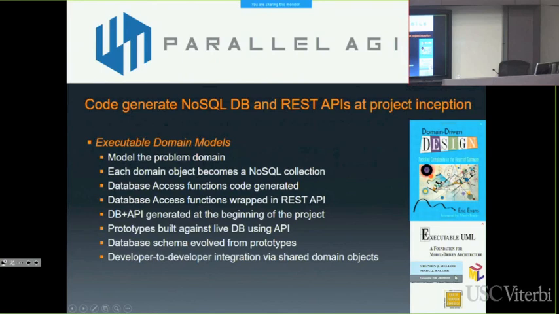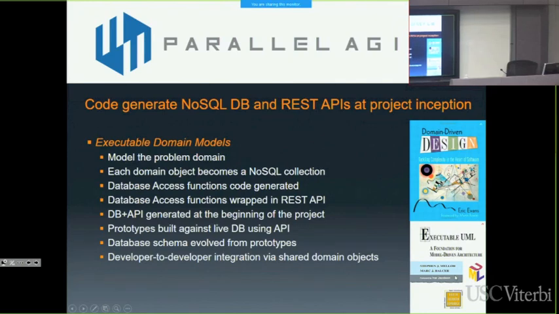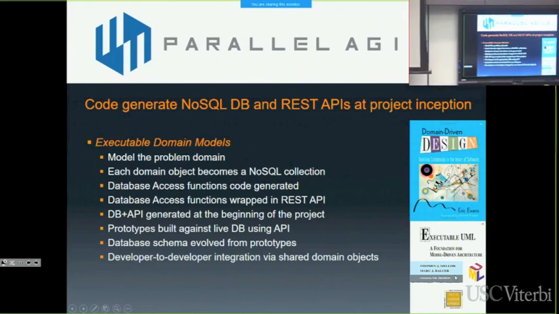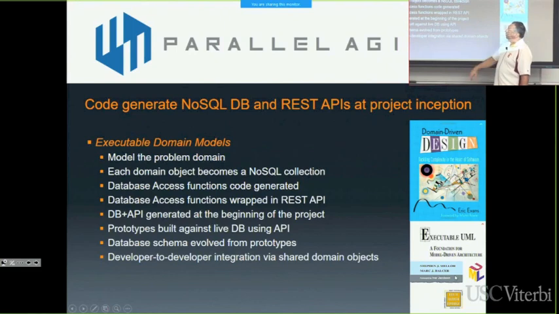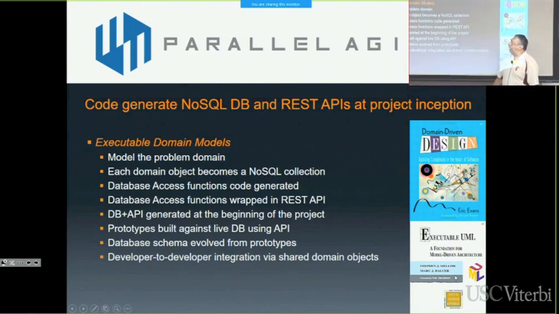And it kind of marries it up with a book called Executable UML, which is why don't we take this UML stuff and actually make it runnable. And so if you want to understand what Bo's PhD research is, in a nutshell, it's basically that and that fused together. So we model a problem domain on a UML class diagram. Every domain object becomes a NoSQL collection. All the database access functions are code generated. Then they're wrapped in a REST API.